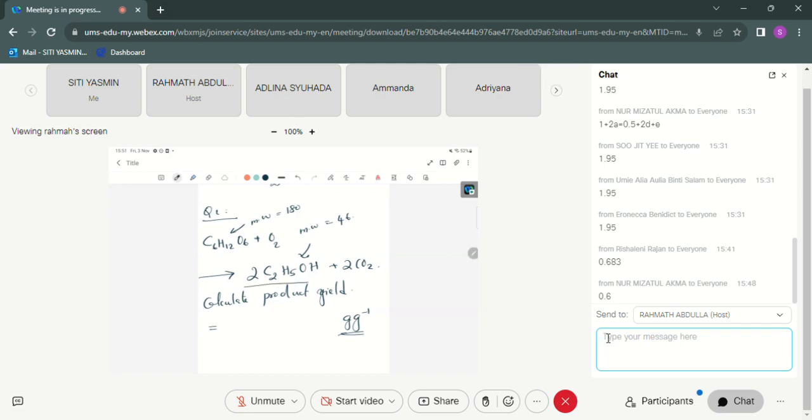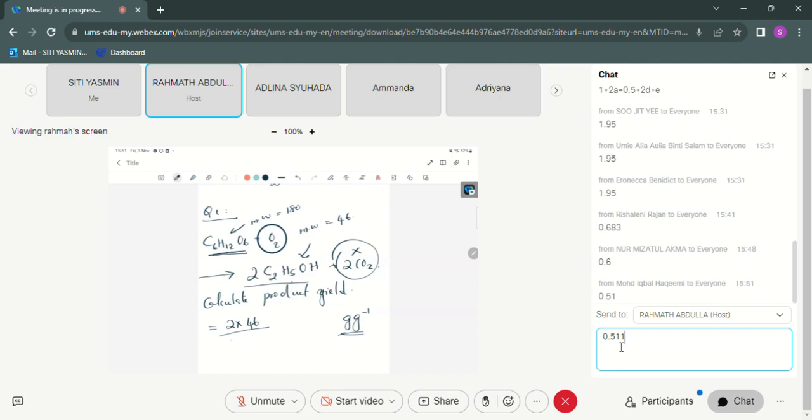Here the product, we ignore carbon dioxide, okay? So we have to calculate the product, which is ethanol. So we have 2 moles of ethanol times the molecular weight, 46. And the consumed, we are ignoring oxygen. We only go for the glucose. So glucose is 1 mole times 180.